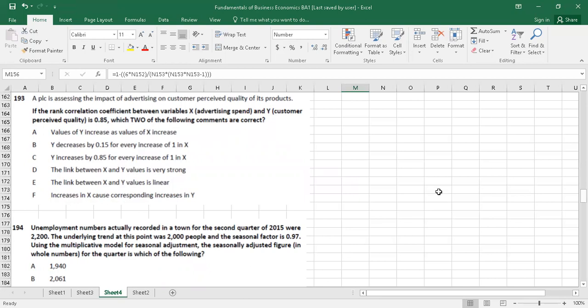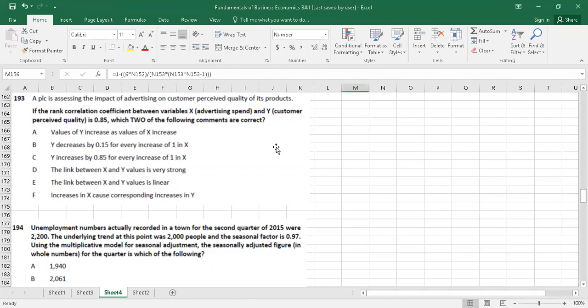The rank correlation. Values of Y increase as values of X increase. Okay, Y decreases by 0.15. We can see that it is a positive correlation. If it is a positive correlation, if one variable is increasing, the other variable is also increasing.